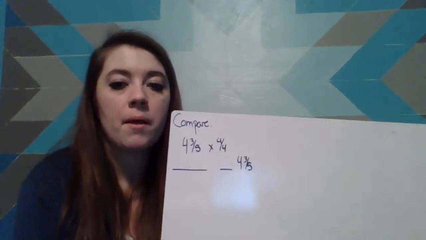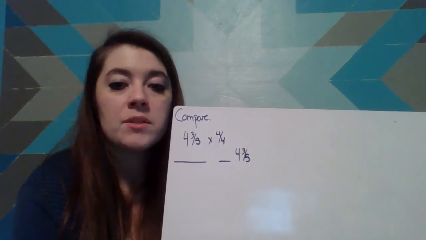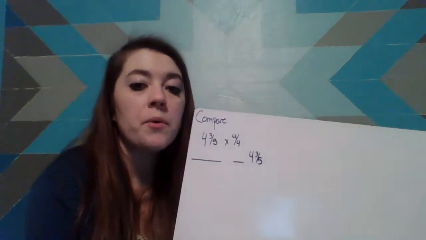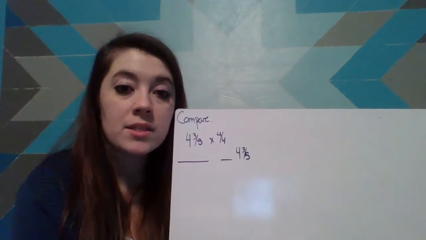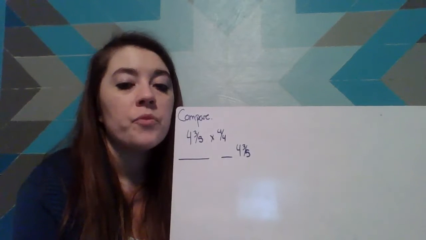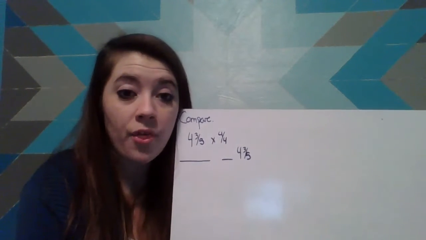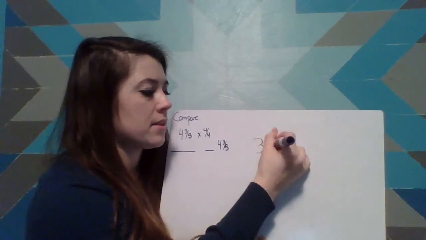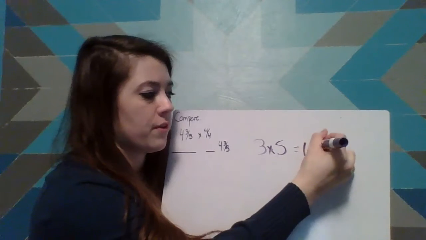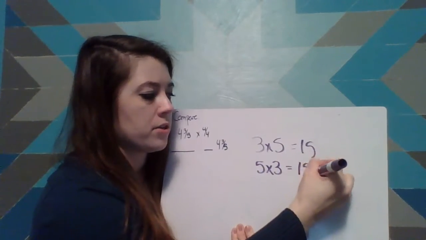All right. Another comparing problem. So we've got 4 3/5 times 4/4. Now notice, I switched where our regular number is and where our scaling number is. Remember, with multiplication, it doesn't matter what order you multiply things in. You're going to get the same answer either way. 3 times 5 equals 15. 5 times 3 also equals 15.